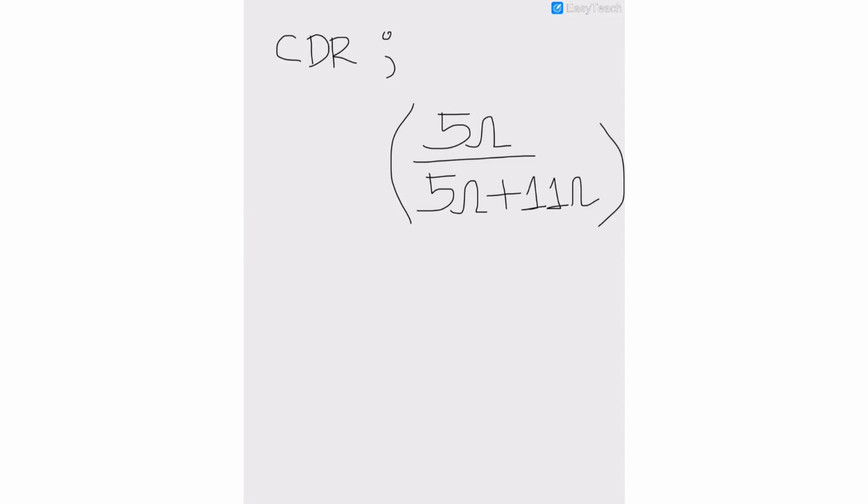Therefore, the opposite is equal to 5 ohms over the sum, that is 5 ohms plus 11 ohms, multiplied by the current entering the junction, that is 2.85 amps.